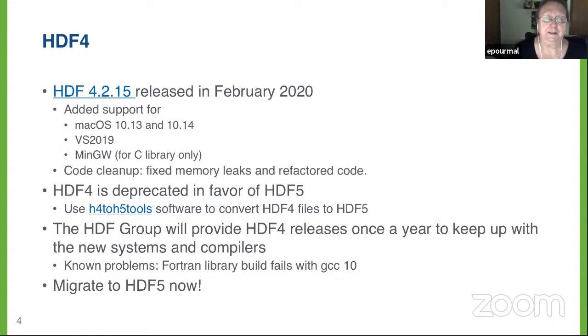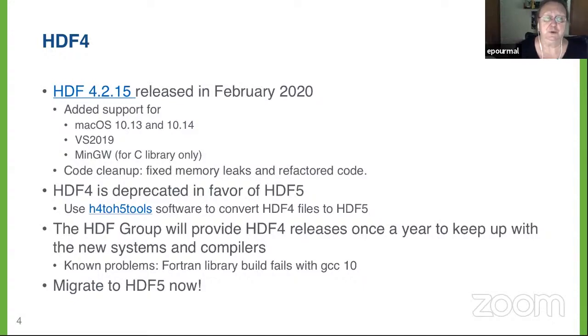We have for quite some time had a problem with porting the software to new macOS systems. Finally, we resolved the issues, but we're anticipating more and more troubles because, for example, we know that we will need to completely rewrite the Fortran library to work with new GCC compilers. So I appeal to you, if you're still using HDF4, migrate to HDF5 right now.